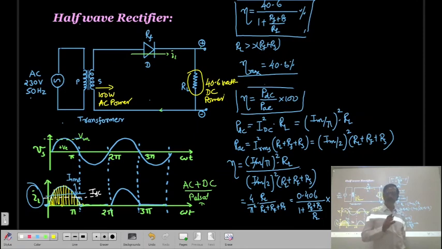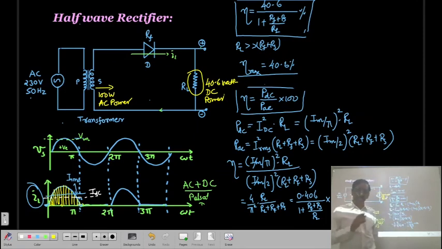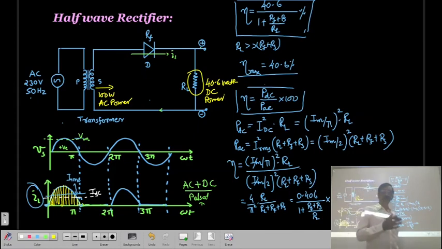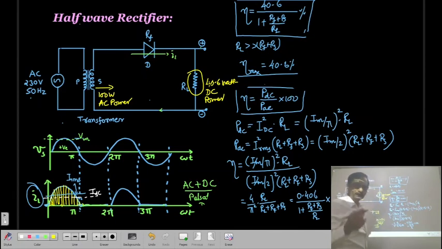That is a general impression, that the rest of the energy is dissipated, but here it is not. According to the definition, only 40% is converted into DC, but the rest of the 60 watt is not rectified, and it is present in the form of AC.